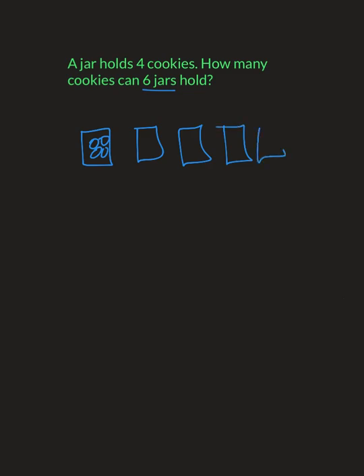But if you just pretend each one of these has 4 cookies in them, then it would be 4, and another 4, and another 4, and another 4, and another 4, and another 4, and that would be the same as doing 4 times 6. So what we would have here would be 4 times 6 equals 24 cookies.